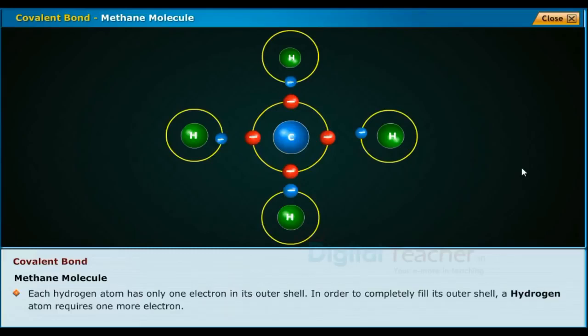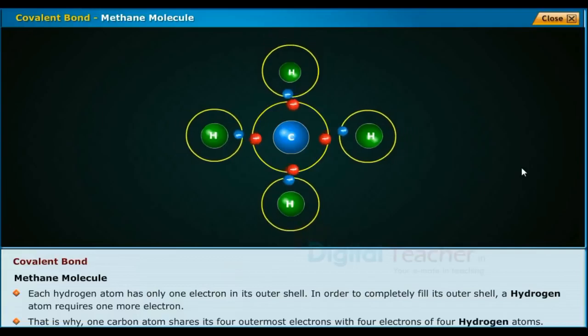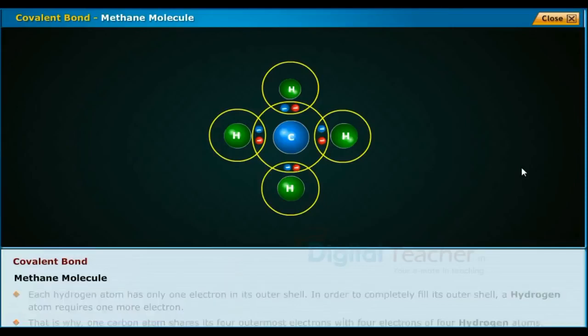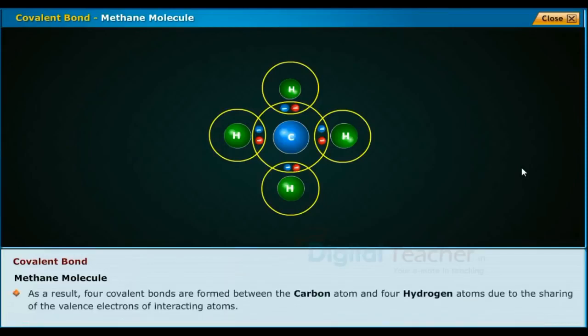In order to completely fill its outer shell, a hydrogen atom requires 1 more electron. That is why 1 carbon atom shares its 4 outermost electrons with 4 electrons of 4 hydrogen atoms. As a result, 4 covalent bonds are formed between the carbon atom and 4 hydrogen atoms due to the sharing of the valence electrons of interacting atoms.